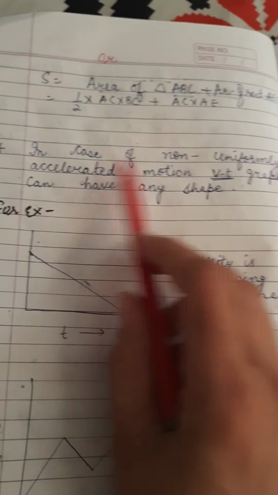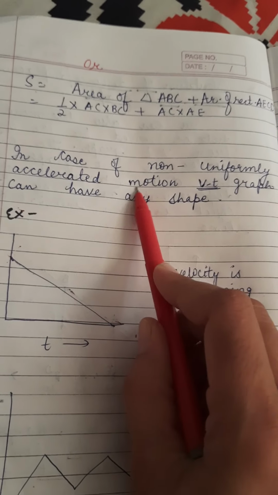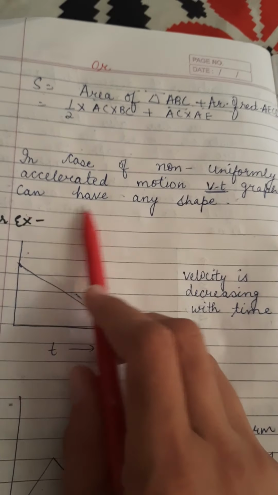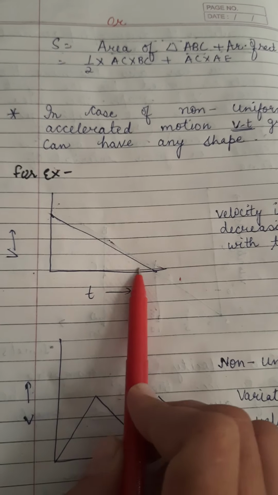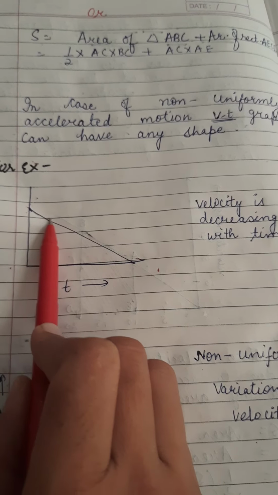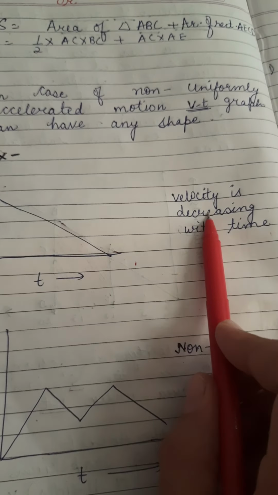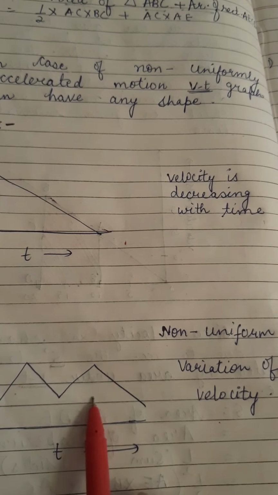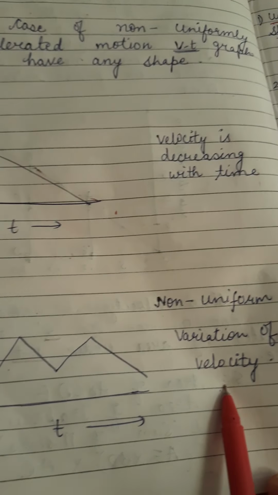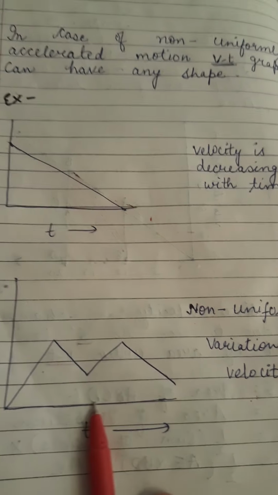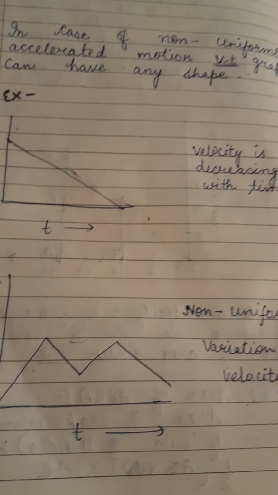And in case of non-uniformly accelerated motion, the VT graph can have any shape. For example, this graph shows that velocity is decreasing with time, and this zigzag motion says that velocity is varying non-uniformly.